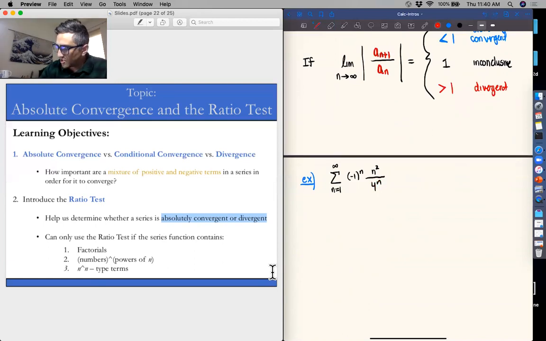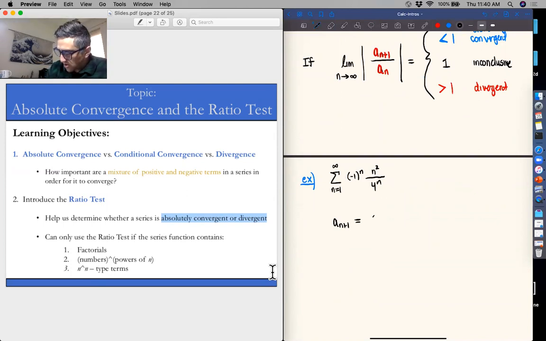So let's apply the ratio test. We look at the ratio of the n plus first term versus the nth term. So let's practice writing out what the n plus first term is. The general n plus first term in the series is going to be, anywhere we see an n in the series function, we just replace that with an n plus 1.